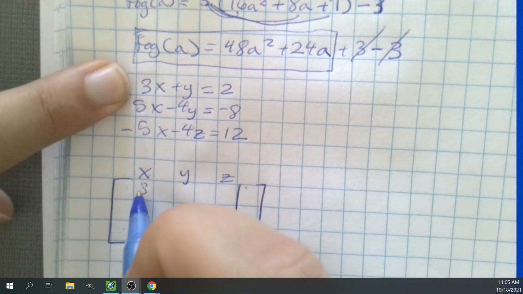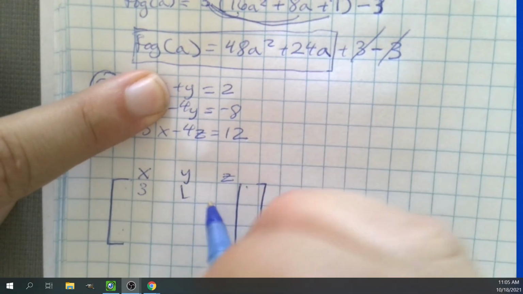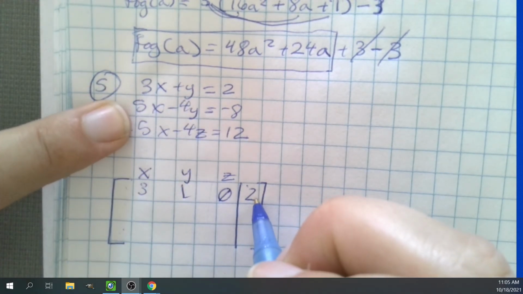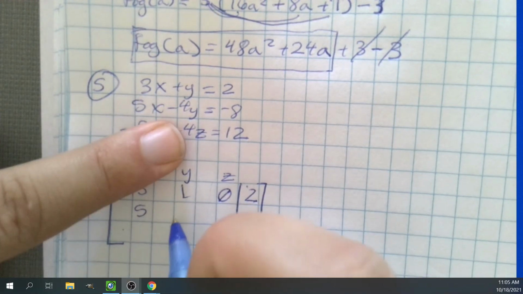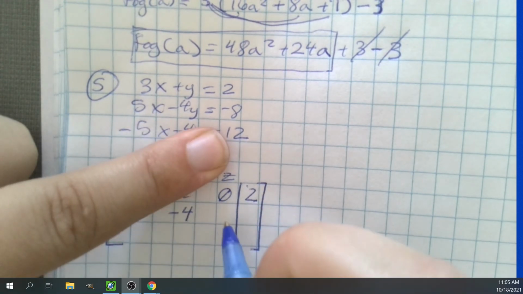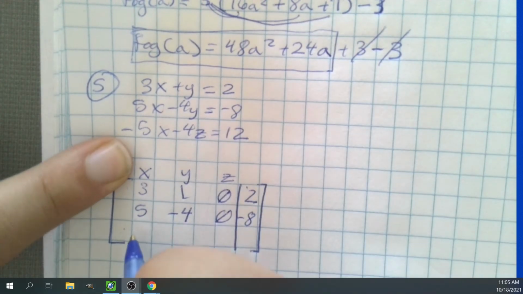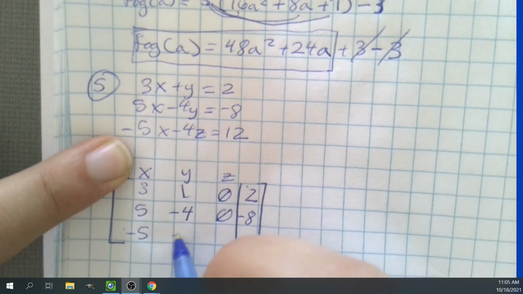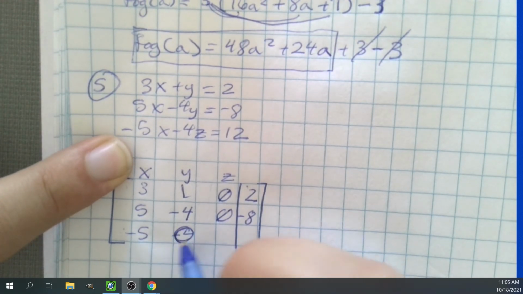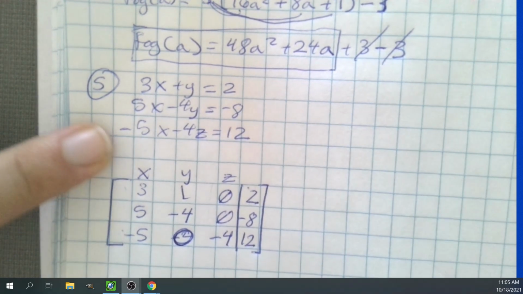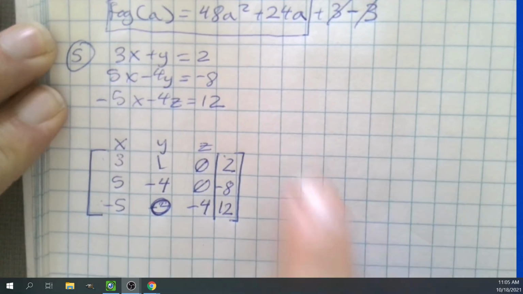I would have 3 x's, 1 y, no z's, it's 2. 5 x's, negative 4 y's, no z's, negative 8. Negative 5x, no y's, minus 4z, and 12. That would be how I set it up.